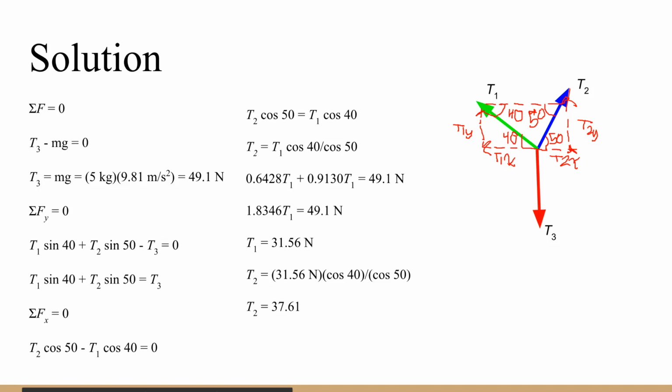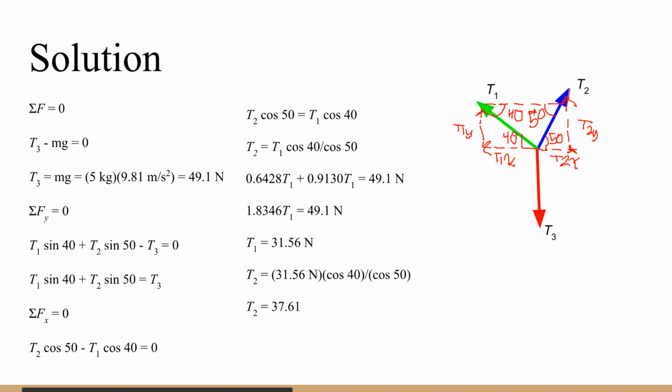T3 minus mg equals 0. It will just be mg pointing down and T3 pointing up on the ball. We isolate T3 using algebra. T3 equals mg equals 5 kilograms times 9.81 meters per second squared equals 49.1 newtons.